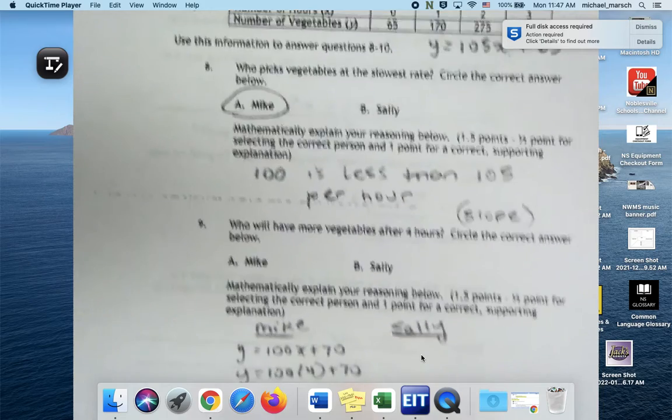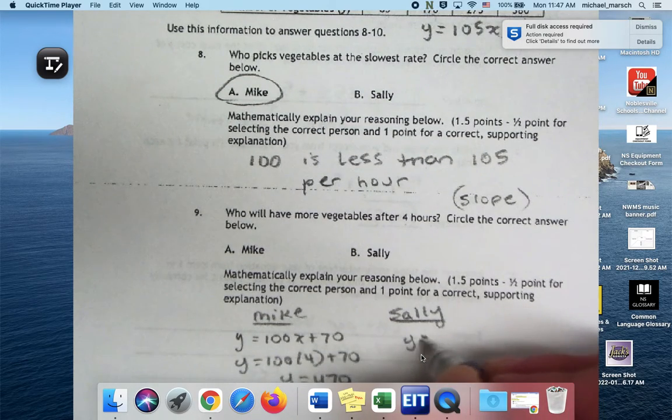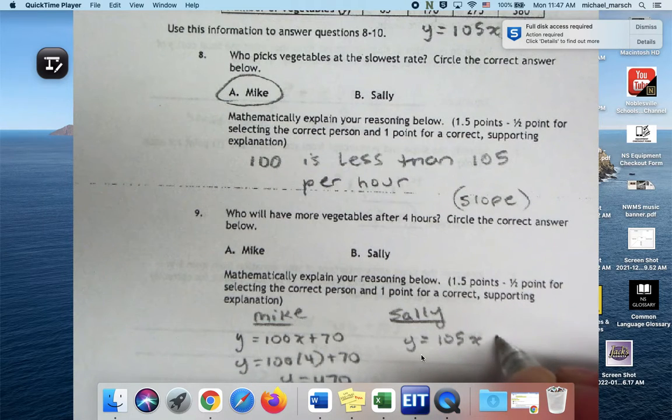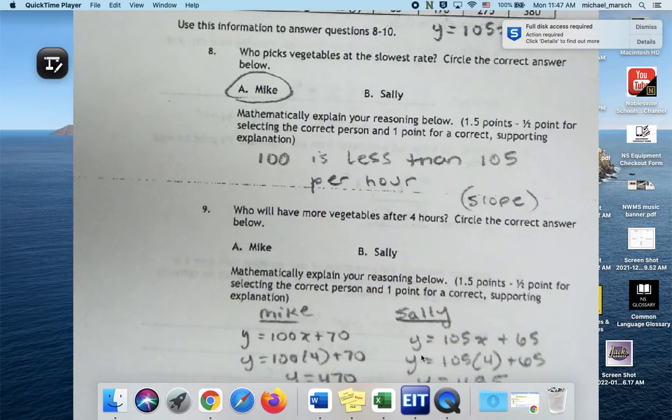So Mike's going to have 470 vegetables. Sally will have 485 vegetables.